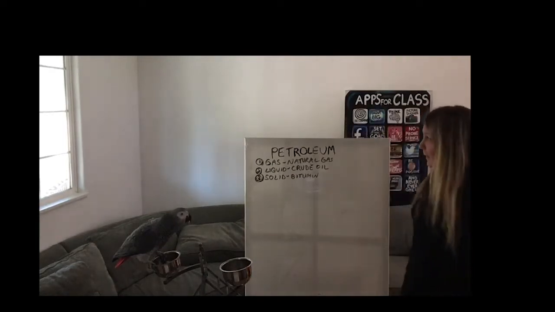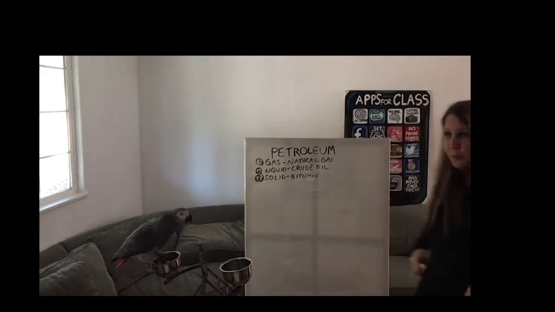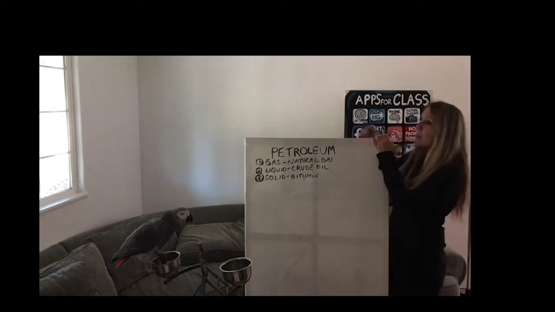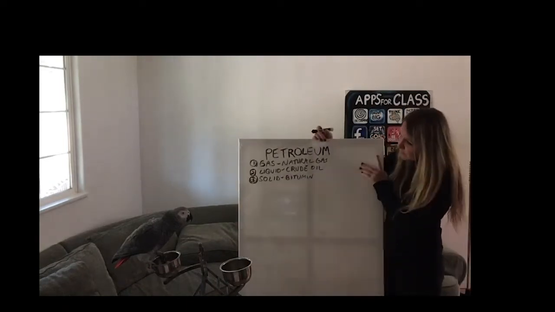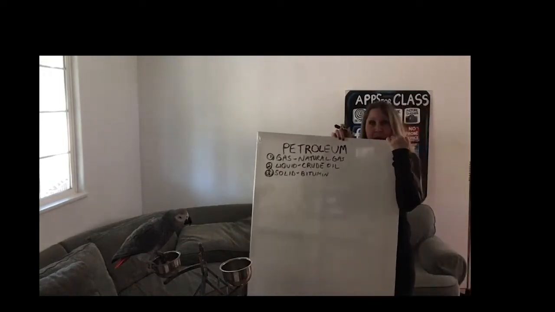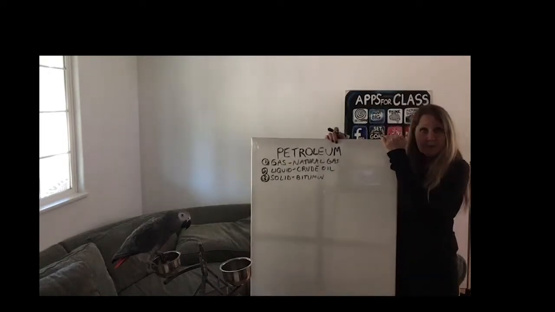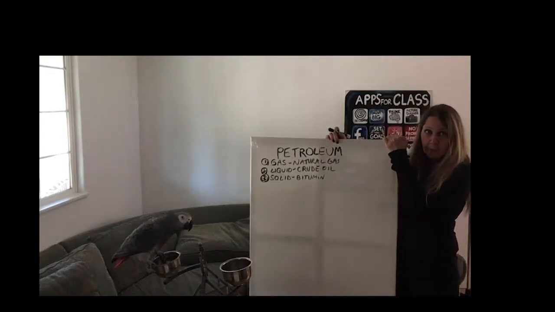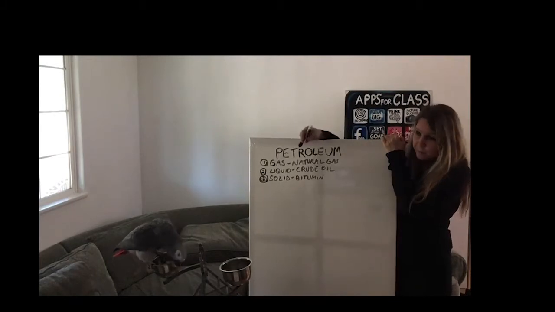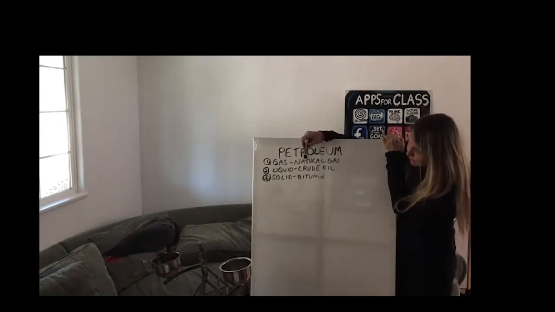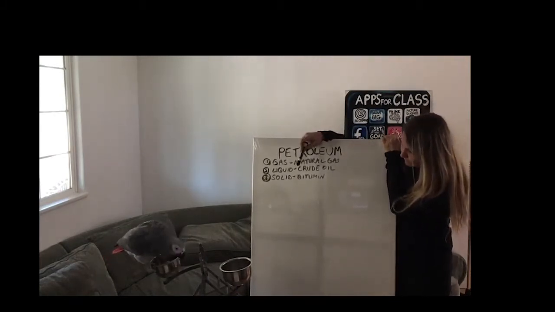And we already talked about what petroleum is. We learned that it's a flammable fossil fuel that is non-renewable, and it's made of three parts. The gas part is the natural gas, like methane.